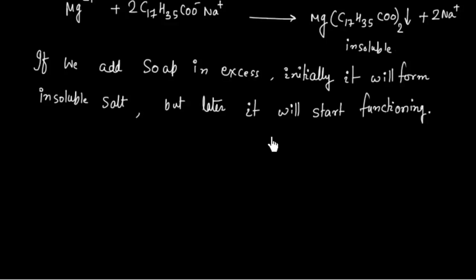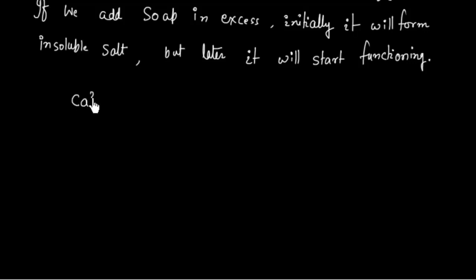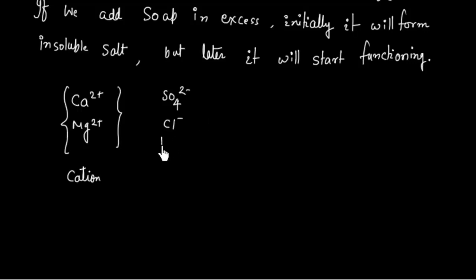So we discussed why water becomes hard. Water contains Ca2 plus, and it can contain Mg2 plus. Generally for our purpose we will discuss only Ca2 plus and Mg2 plus. Now the water is neutral, so apart from this cation, water must have anions. Generally the anions present in water are SO4 2 minus, Cl minus, HCO3 minus and CO3 2 minus.